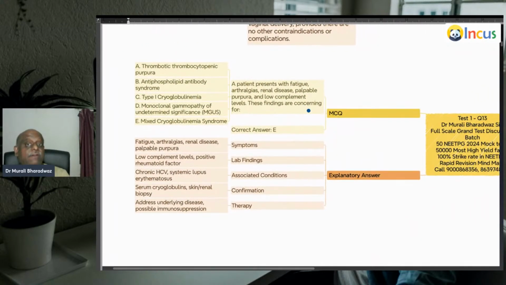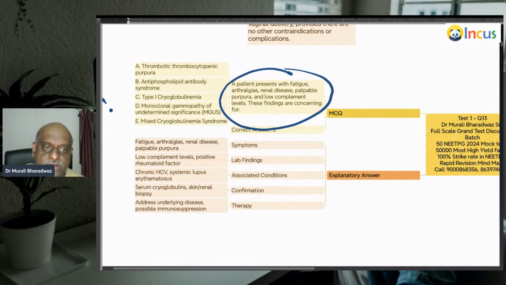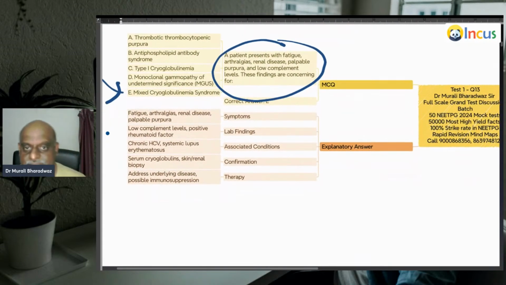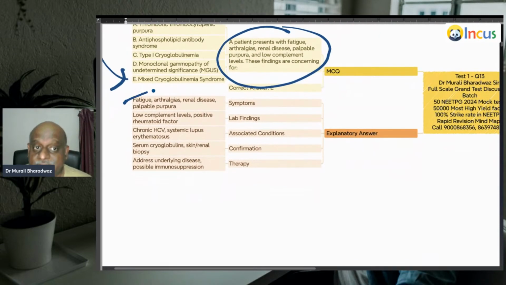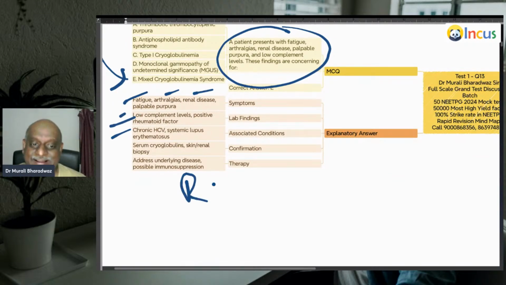Patient presents with fatigue, arthralgia, renal disease, palpable purpura, low complement. What is your diagnosis, doctor? Mixed cryoglobulinemic syndrome is the diagnosis. Fatigue, arthralgia, renal disease, palpable purpura, low complement level, positive rheumatoid factor.